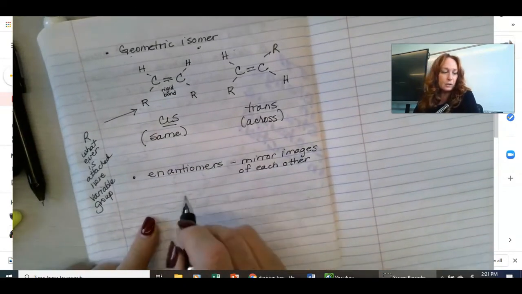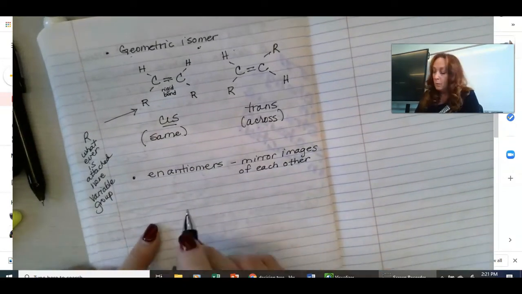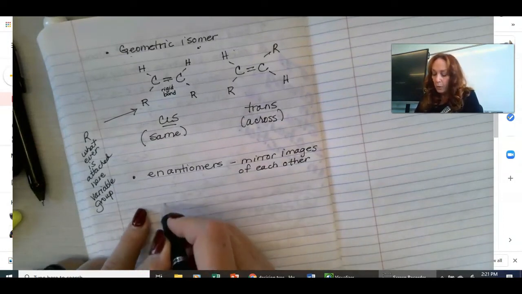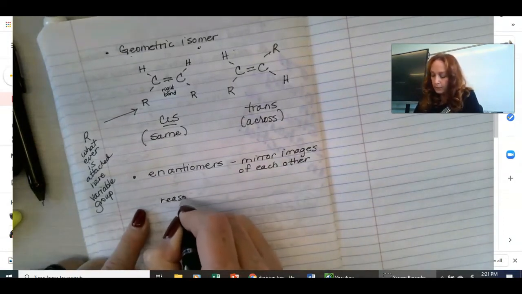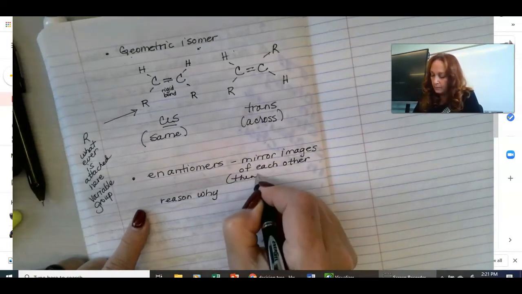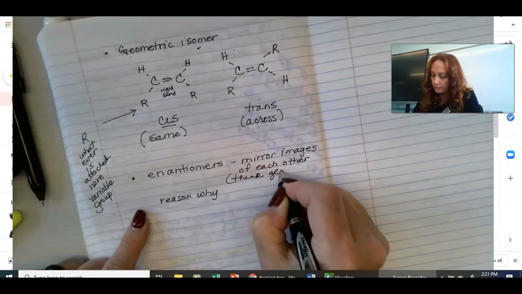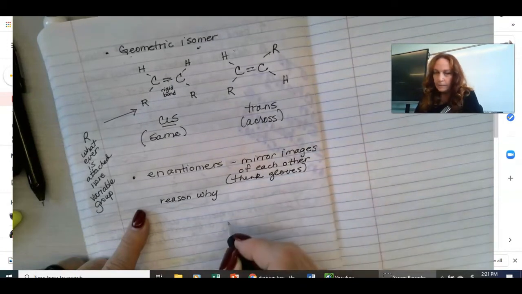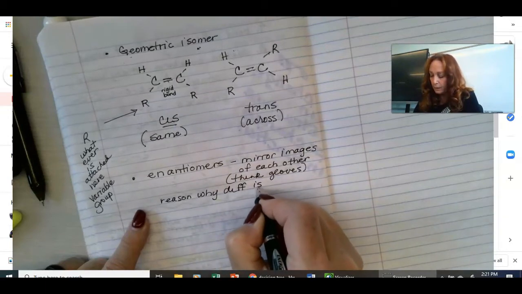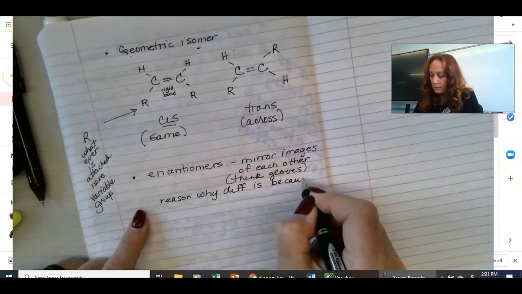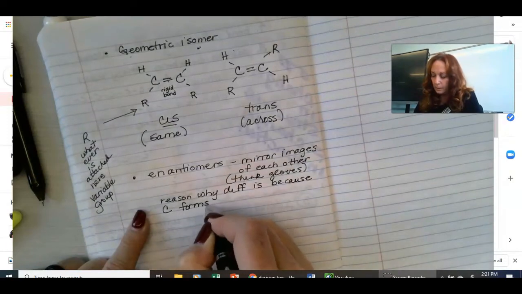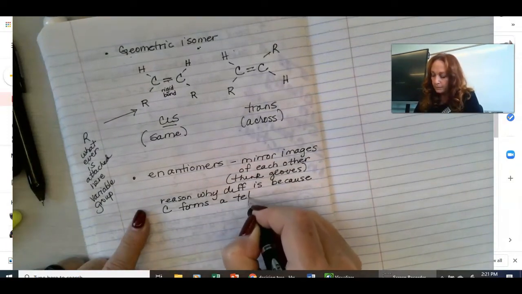And this has to do with something that we should go back and add for carbon. So the reason why this occurs, and I'm going to put pink gloves. The reason why they're different is because carbon forms a tetrahedron.